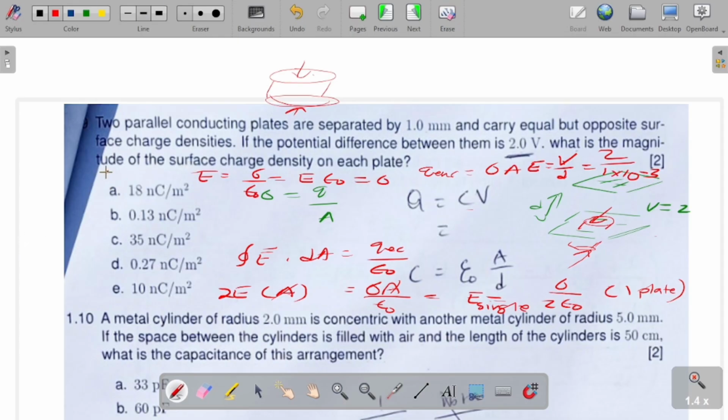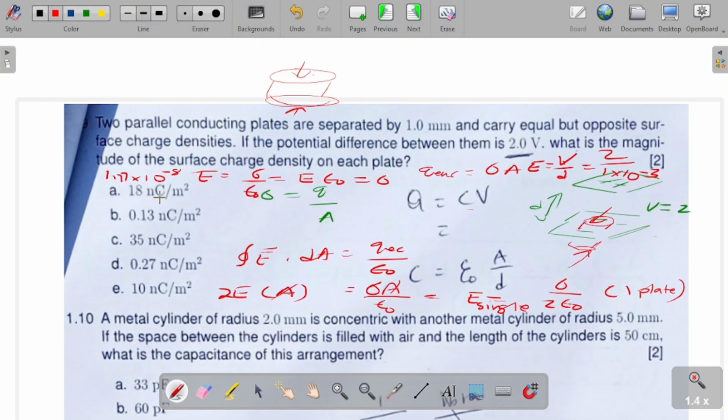I got 1.7 by 10 to the negative 8. 1.77, which is closer to 18 if you write it in nanocoulombs.